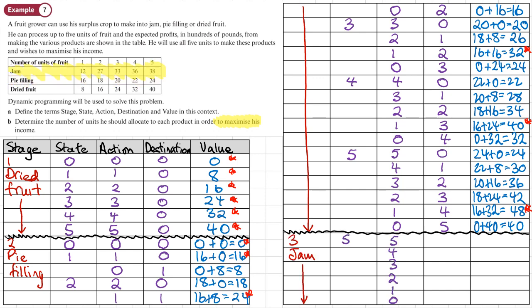So in this last stage, none have been passed on from the previous stage, or I suppose 5 have been passed on. That's the only option, and our options are to use some or none of them, and we can then use this to go back and see what those values are going to be. So if I use up all 5 units in stage 3, there's going to be no units to pass on.